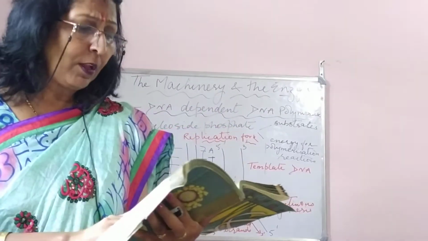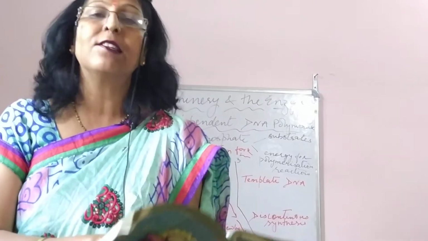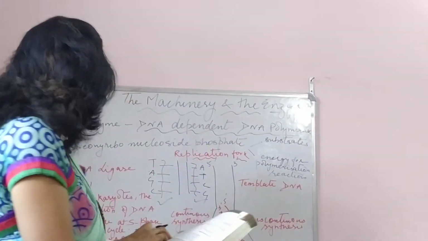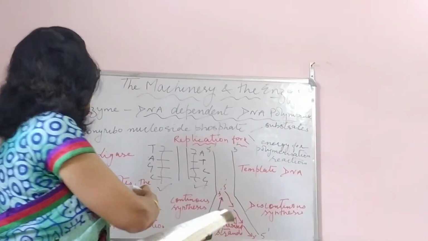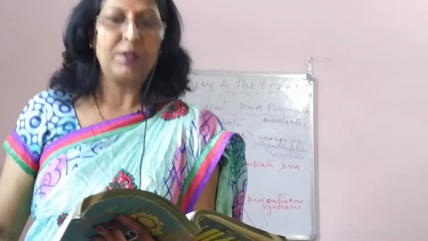These enzymes are highly efficient as they have to catalyze polymerization of a large number of nucleotides. This chain is not just 4 as in my example. It is very long, and you know that DNA is a long chain, isn't it?